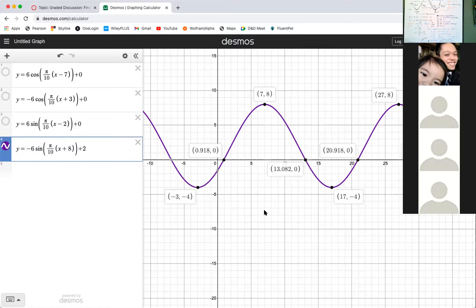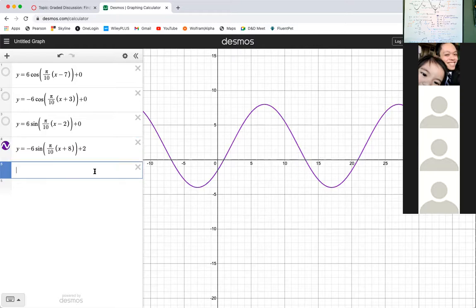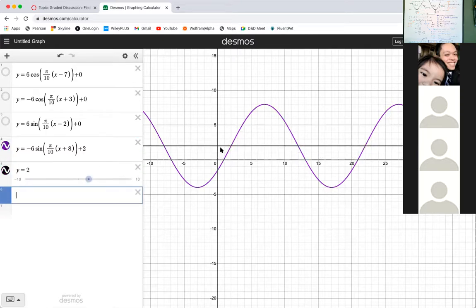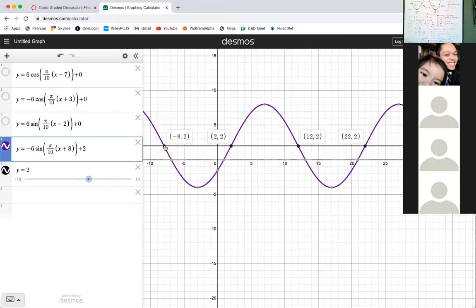So if I gave you this graph, you would not want to look at 0 as the middle. The middle is at 2, and if I put that graph on there as well, then the intersections are at (2, 12), (22, 32), and (-8). That's where the middle is, because 2 is halfway between 8 and negative 4.